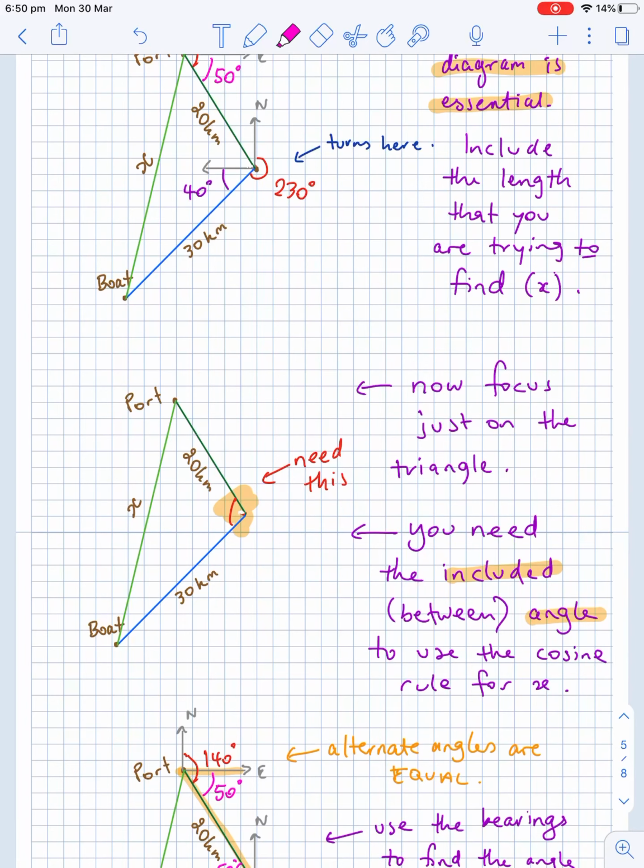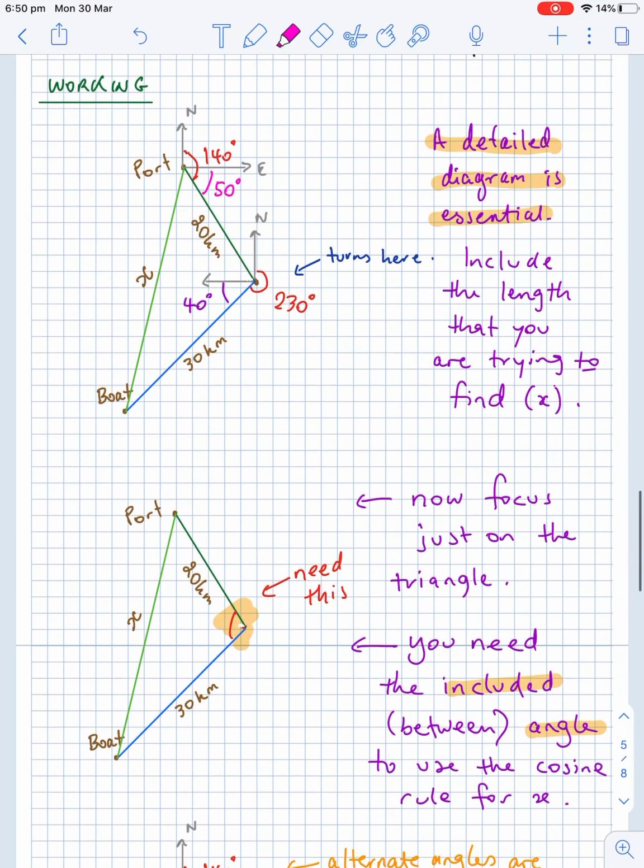How do we figure out this angle here? Well, you need to use your bearing information to figure out this angle. So I look at this and think, how do we figure this out? Well, I know that this part here is 40 degrees, but if we can figure out this angle in here, we can add these two together. So immediately I'm always looking for alternate angles.